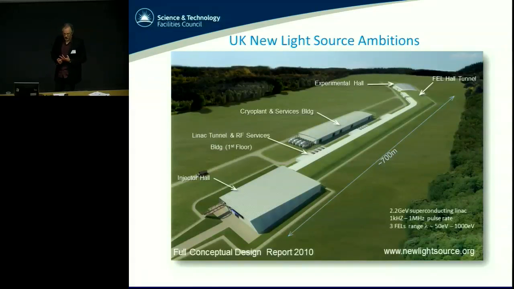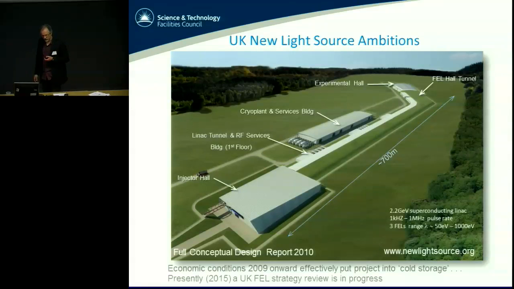The design report was finished in 2010. It's a 2.2 GeV machine, superconducting, up to 1 megahertz pulse rate and into the soft X-ray region. And as you can see, it's a big beast, 700 meters, nearly a kilometer long.